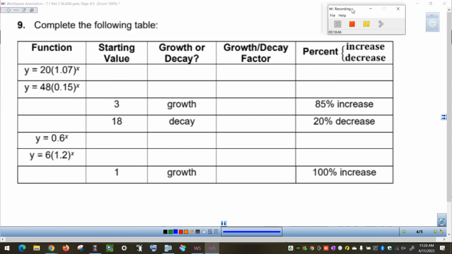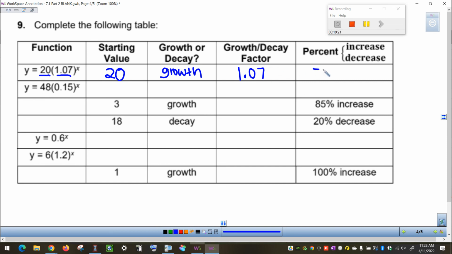So first off, our starting value. That should be easy to find. It's going to be the number out in the very front. Now, when we take a look at this number here that's holding up our exponent, because 1.07 is bigger than 1, this situation represents growth. So 1.07 from our equation, that is the growth factor.